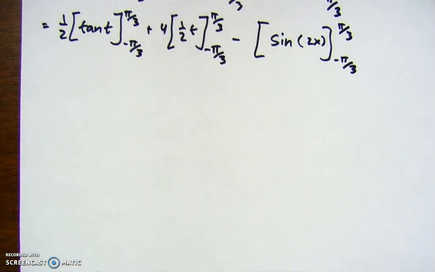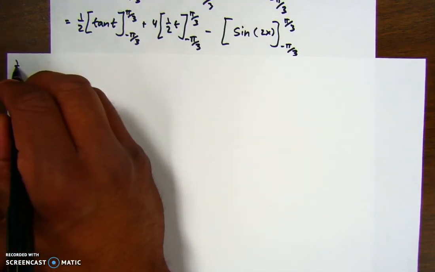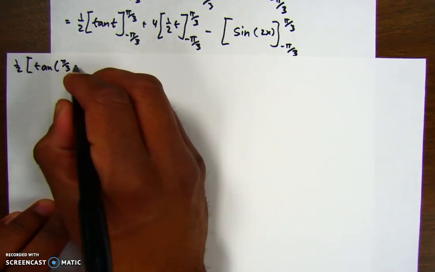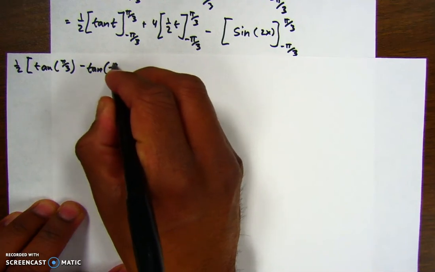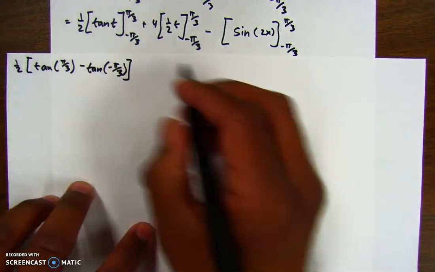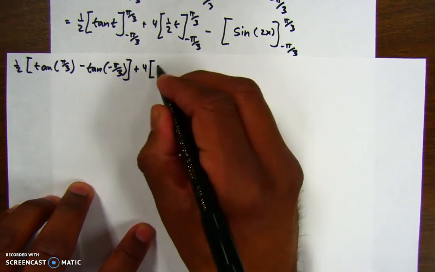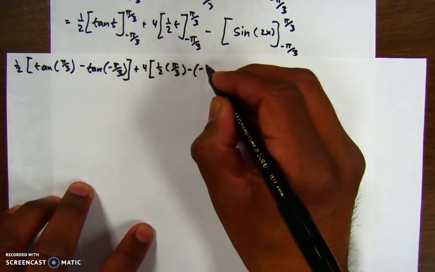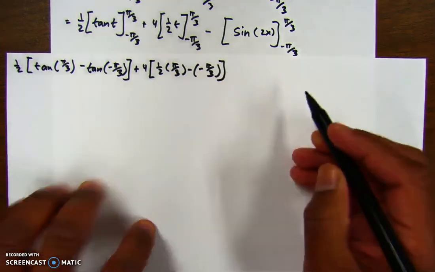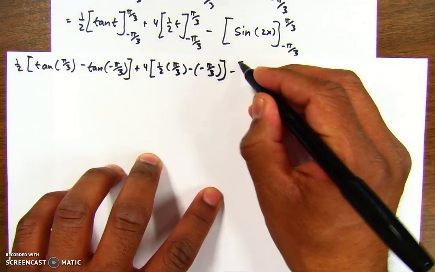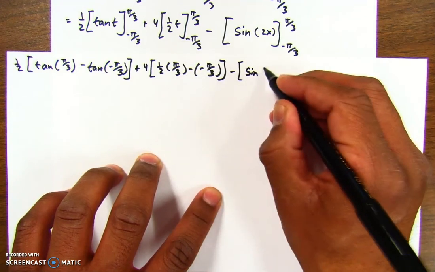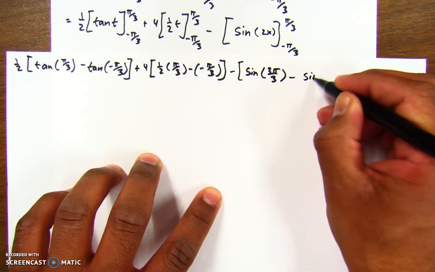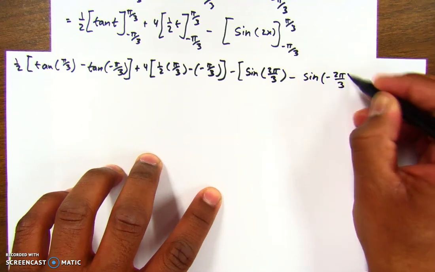So now I have 1/2 of tangent of positive pi/3 minus tangent of negative pi/3, plus 4 of 1/2 of pi/3 minus negative pi/3, minus, and then this is sine of 2pi/3 minus sine of negative 2pi/3.